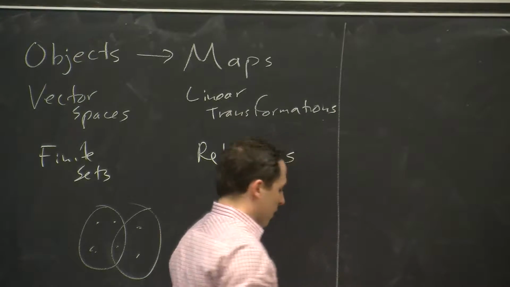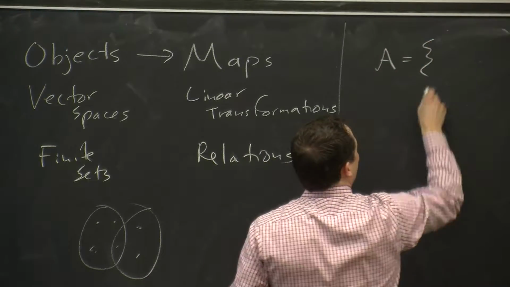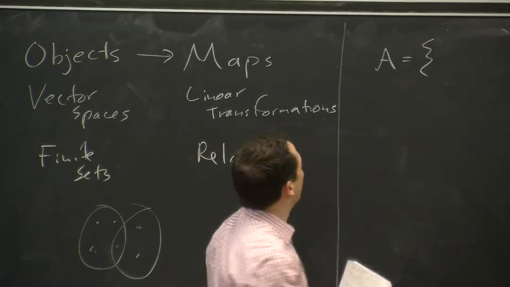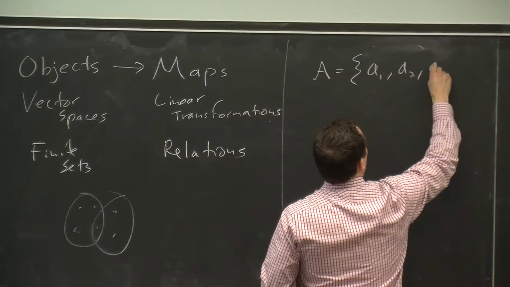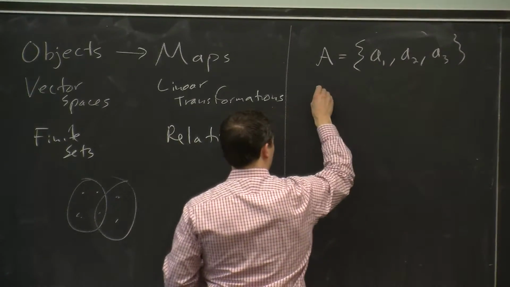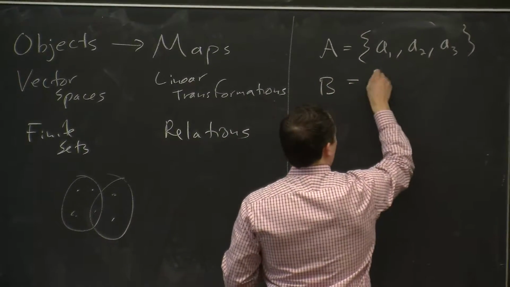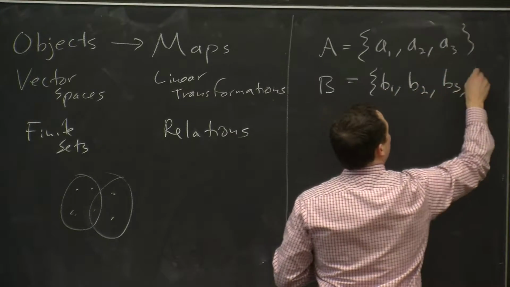A finite set is just a list of things there are finitely many of. I'm going to give them numbers and letters to distinguish so that it's easy to talk about sets like A, which has elements A1, A2, and A3, and B, which has, say, 4 elements, B1, B2, B3, and B4.